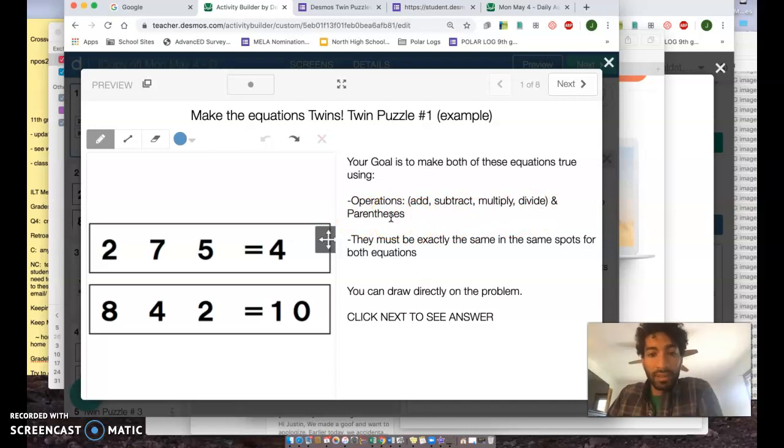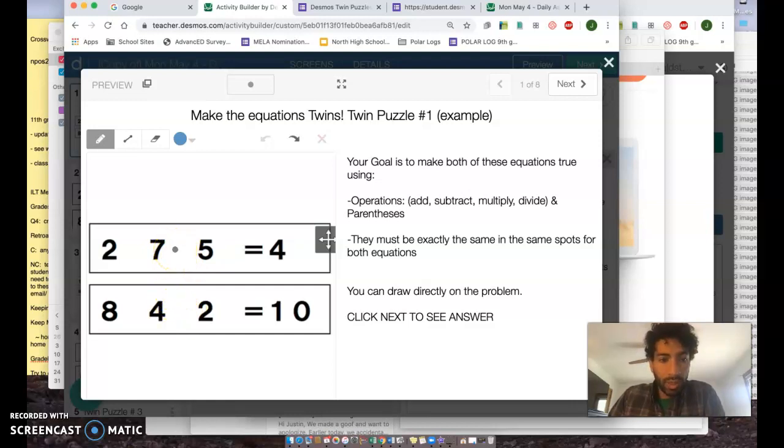Obviously, remember PEMDAS: parentheses, exponents, multiplication, division, addition, subtraction. And you can draw directly on the problem. But if you put a plus right here, you also have to put a plus right there, so they have to be identical. So here, our goal is to make 4. I think if you could figure out one way to do it, you could usually figure out another way.